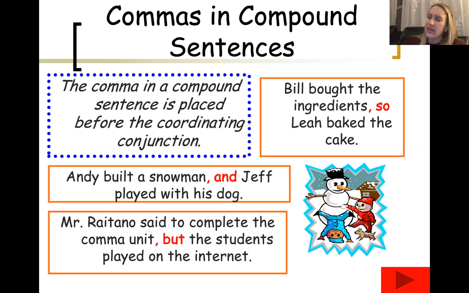What are the independent clauses in these sentences? Perfect, good. Andy built a snowman and Jeff played with his dog are the 2 independent clauses. We combine those together with a comma and our FANBOYS, and so we now have one sentence joined with a comma and a coordinating conjunction.